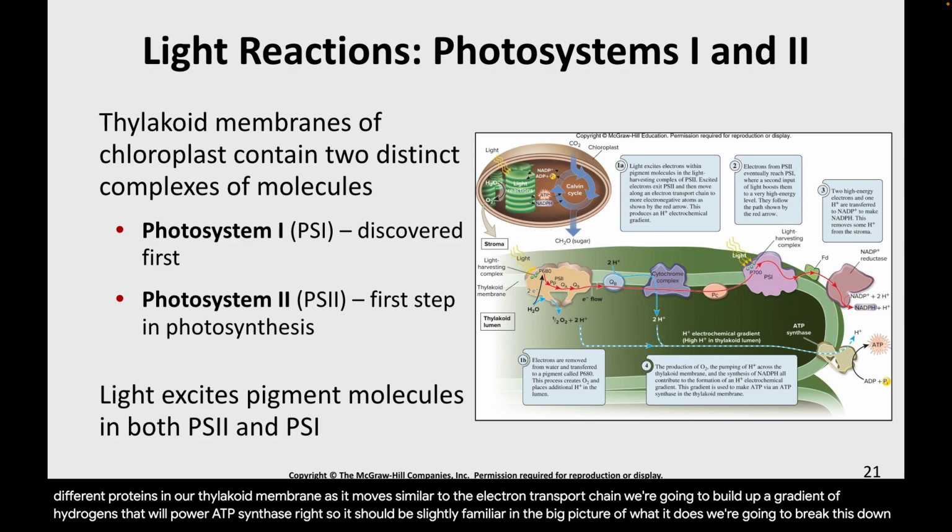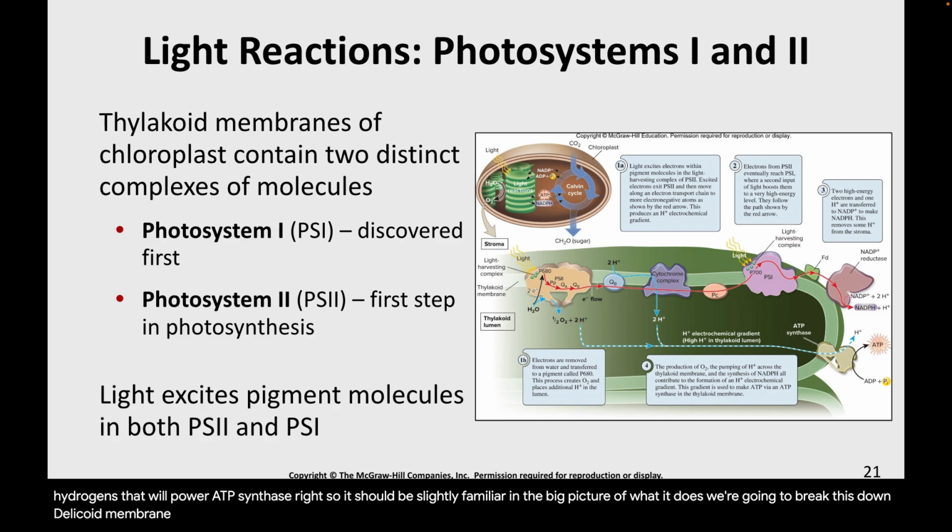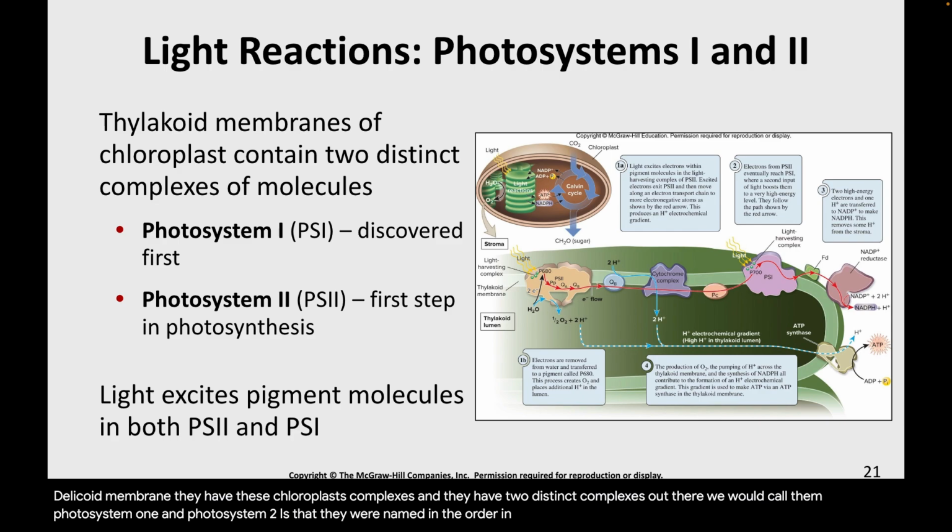So our thylakoid membrane has these chloroplast complexes, and they have two distinct complexes of them. We would call them photosystem 1 and photosystem 2. Now, the confusing bit is that they were named in the order in which they were discovered.